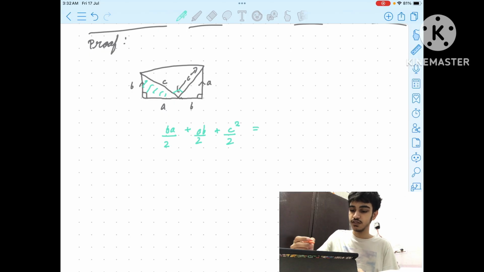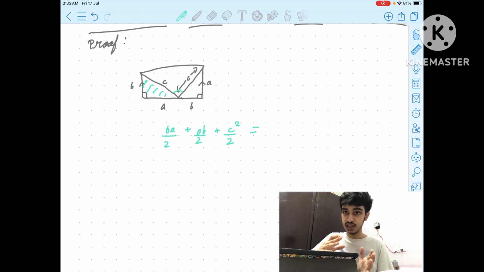And the area of a trapezium is nothing else but the sum of parallel sides of the trapezium times the distance between them, divided by 2. So let's write it down. The sum of parallel sides is a plus b and the distance between them is a plus b also, and let's divide it by 2.